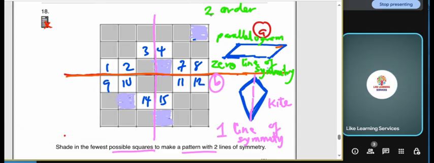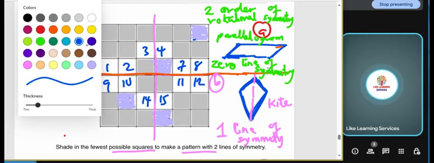If you rotate it by 360 degrees, it will look the same two times. Two orders of rotational symmetry. And can you see why it doesn't mean that the number of lines of symmetry will always be the number of orders of rotational symmetry? Can you see that?